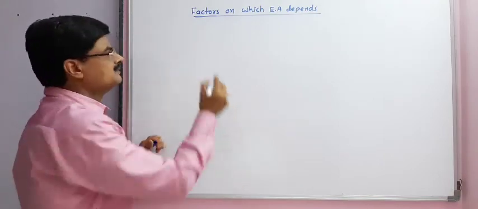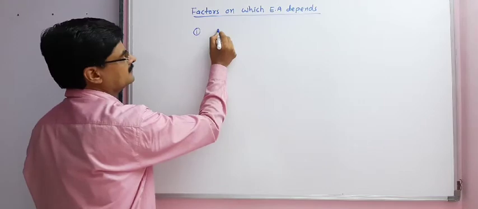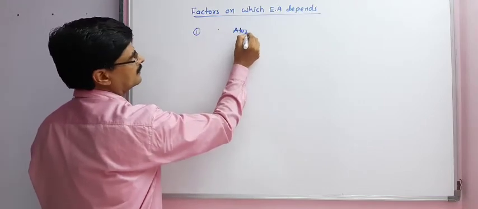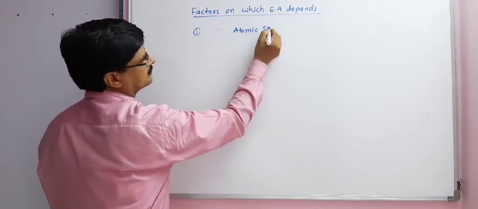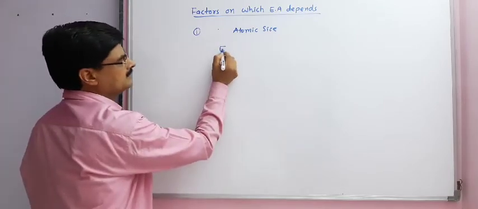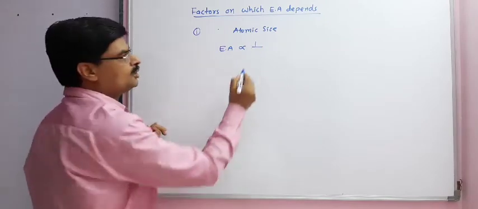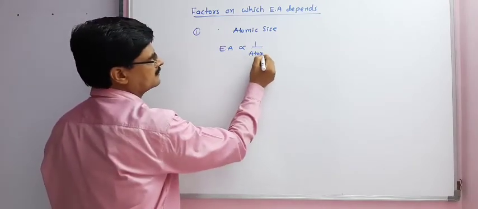First factor, atomic size. Electron affinity is inversely proportional to atomic size.